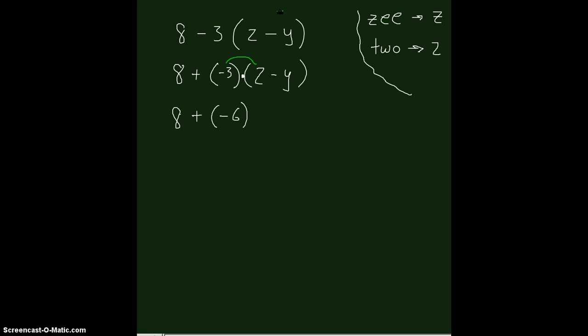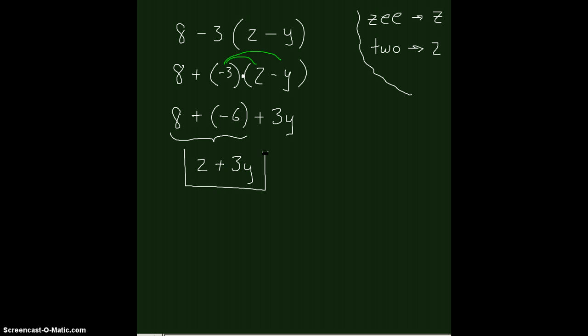And then I have minus 3 times minus y. Minus 3 times a minus y gives me a plus 3 times y. Again, we're going to combine these like terms, and I get 2 plus 3y.